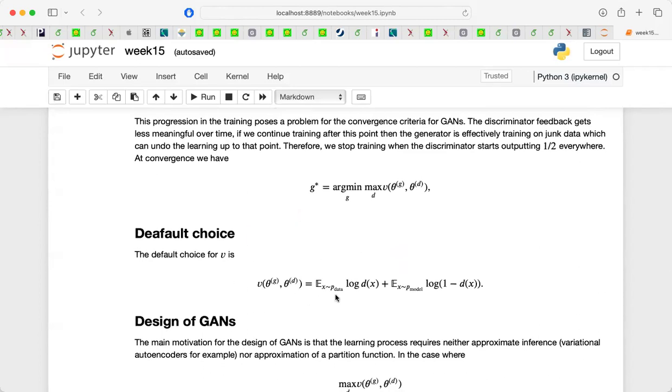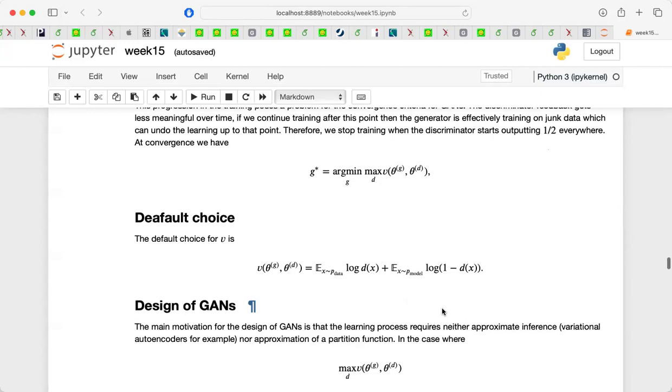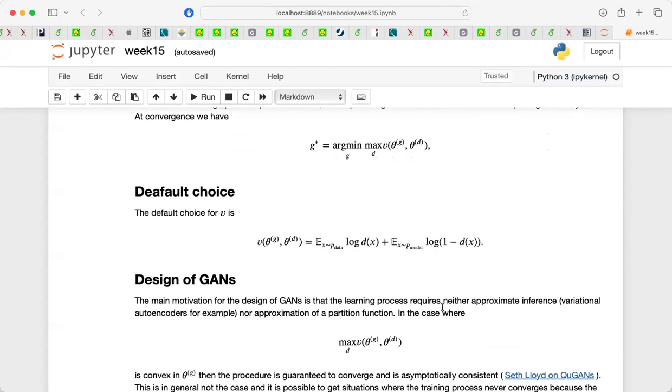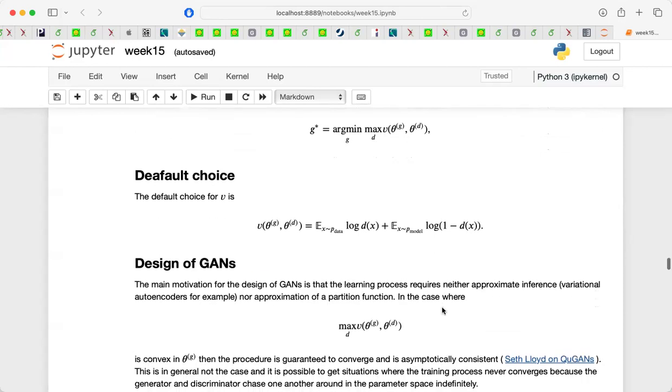So we have an expectation value given by the probability of the data, which is given by this function D of x. And we have a function here, which is now based on the model, which is trying to optimize the log of 1 minus D of x. This is the standard objective function, which is used in the training of a generative adversarial network.